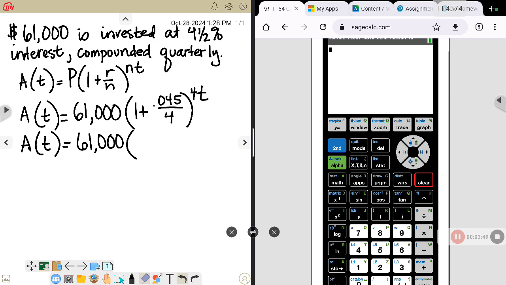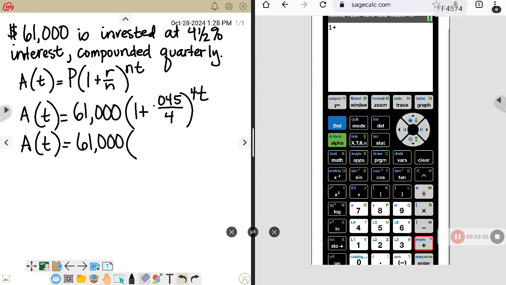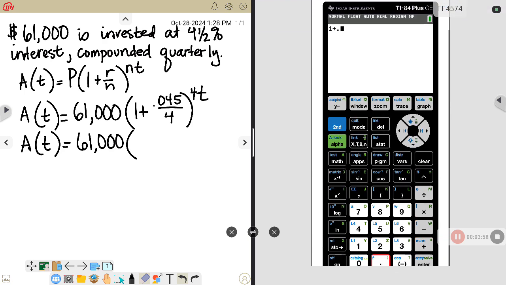Then over here in my calculator, I'll just put 1 plus 0.045 over 4 to see what that is. So that is that decimal, 1.01125, to the 4t. That is the formula that we are going to use.